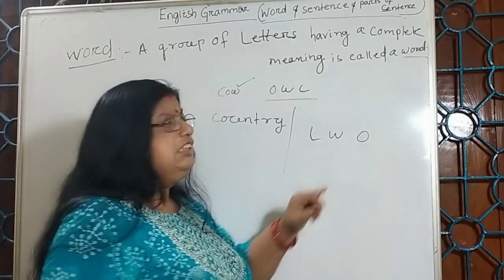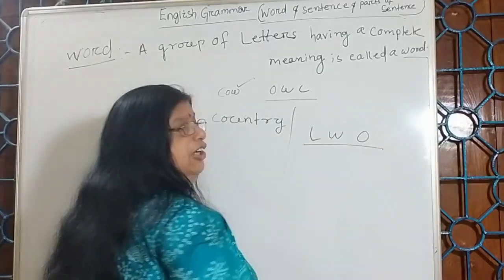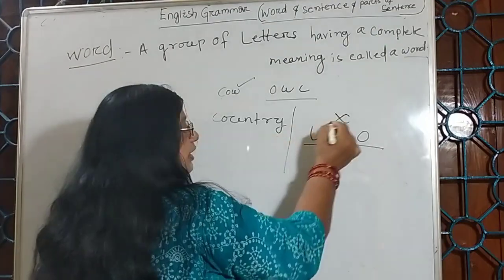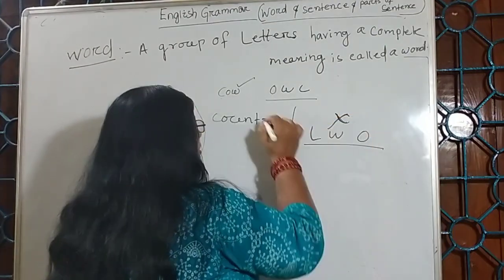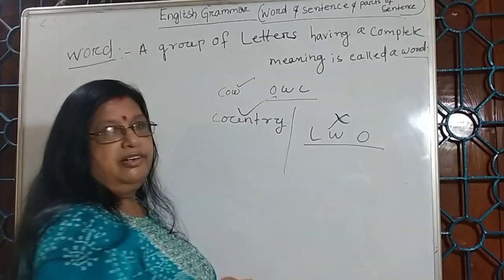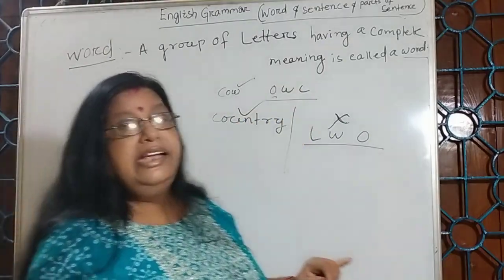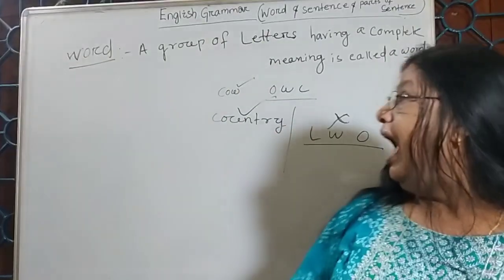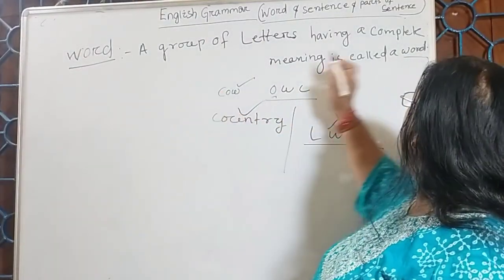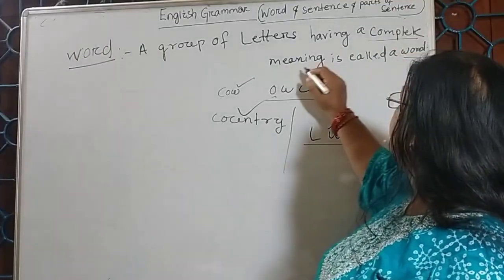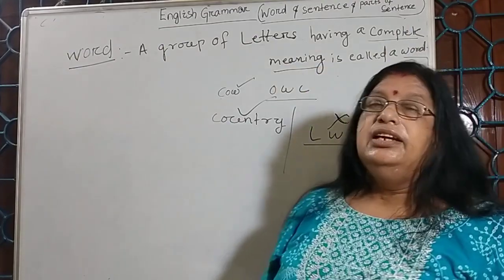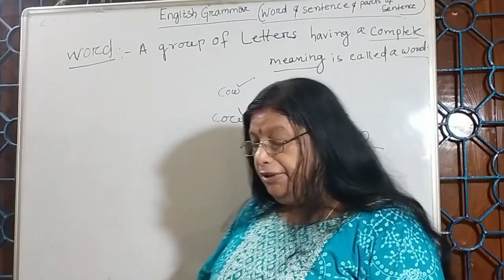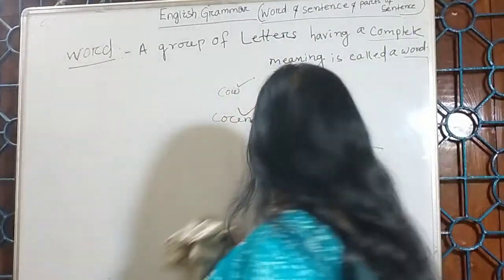We cannot understand what is the meaning of L-W-O. So it is not a word, but country is a word. So I clear here a group of letters having a complete sense, having a complete meaning or sense is called a word. So let us start with this sentence.